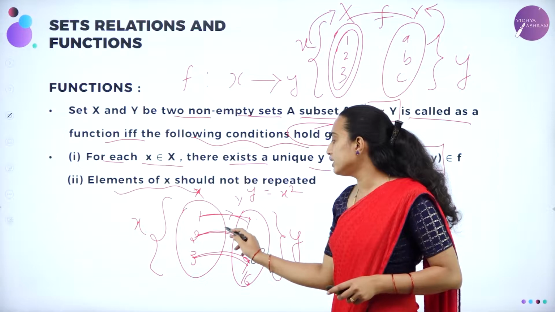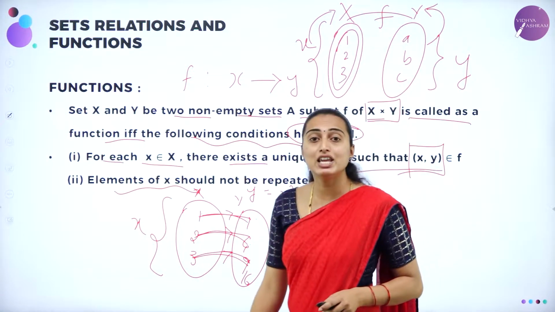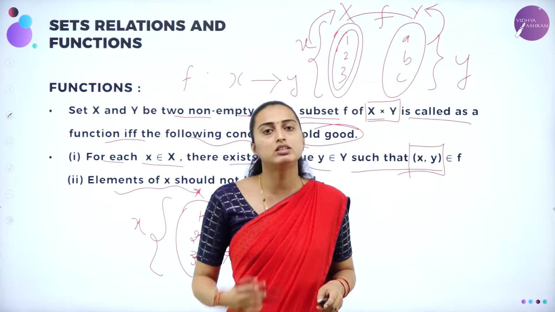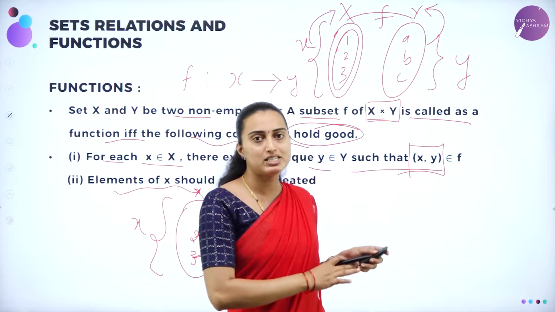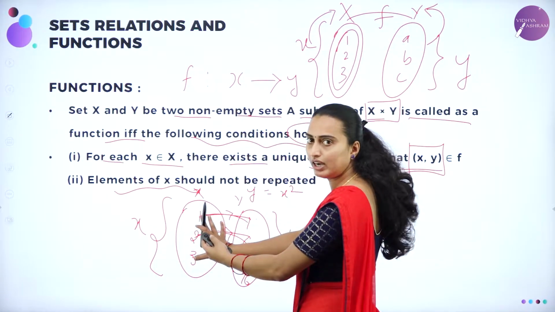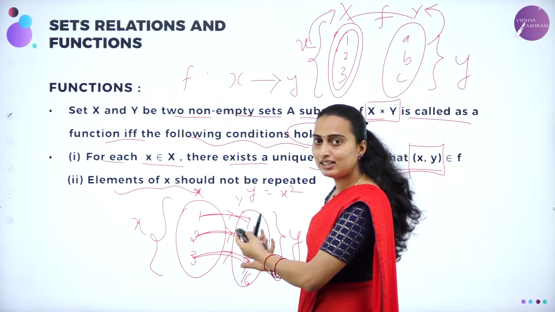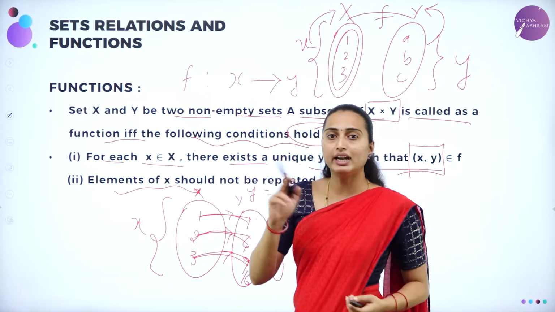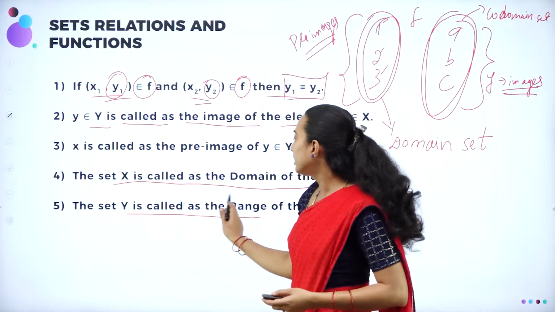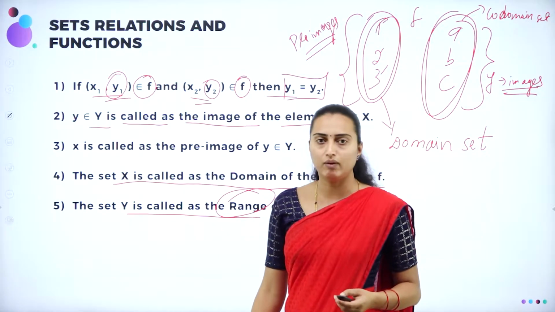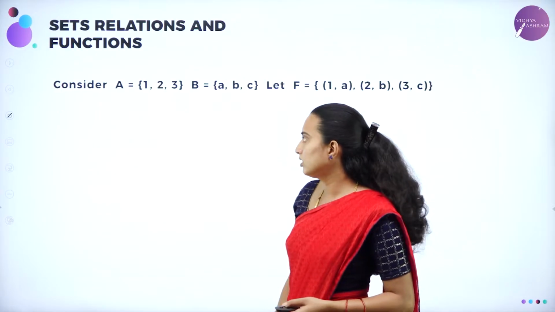These connected elements are known as the range of the function. Understood? You have to understand this. The left hand side set is the domain set. The right hand side set is the codomain set. Connected elements are nothing but the range of the function. Okay? We'll move on to the next.